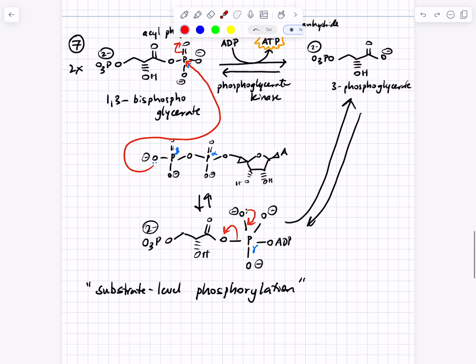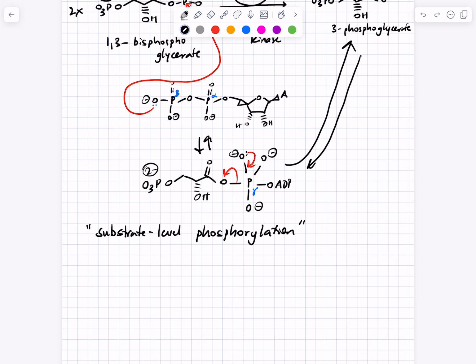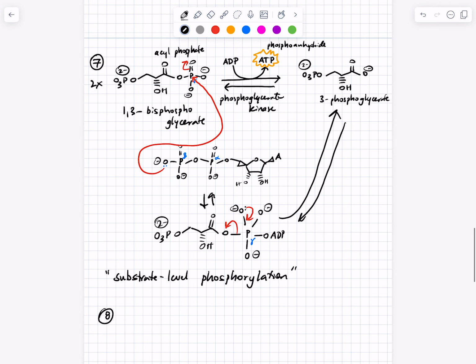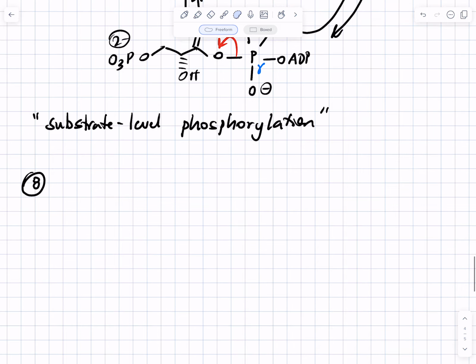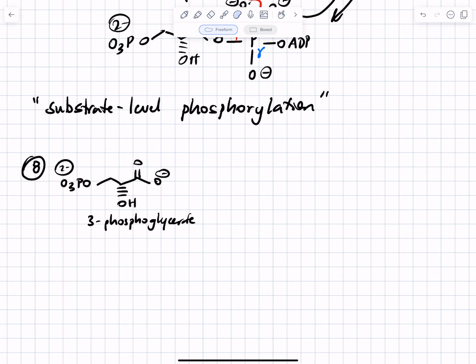So step 8 of glycolysis is going to be to move the phosphate group in 3-phosphoglycerate over a carbon to the C2 hydroxyl group. So here's 3-phosphoglycerate.